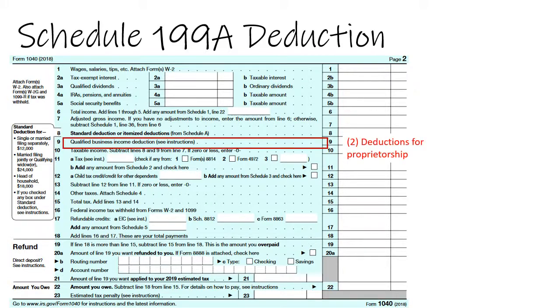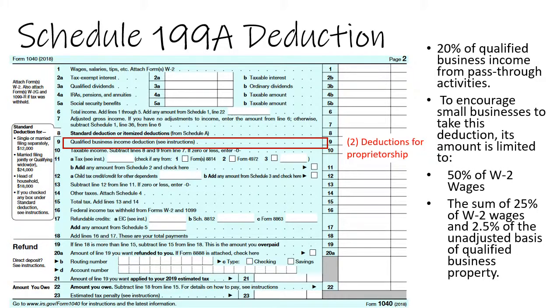This provision allows proprietors to deduct 20% of their qualified business income before arriving at their total taxable income. What this effectively does is move small business owners from one tax bracket or marginal rate to a lower one.